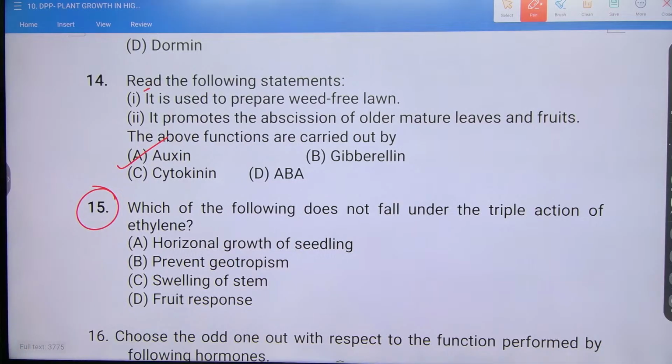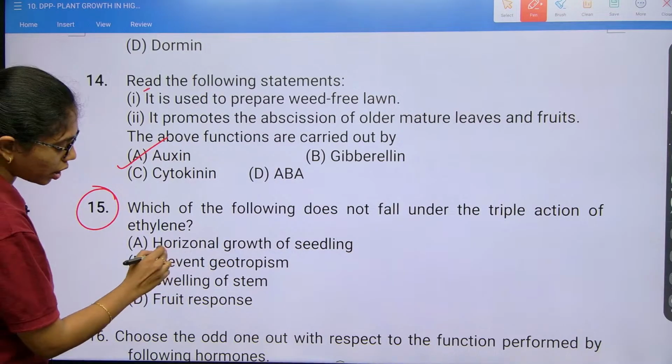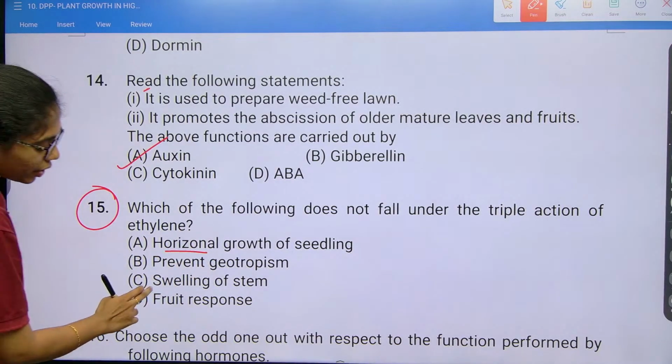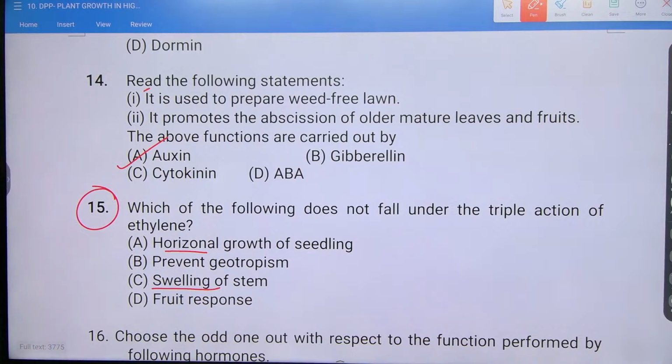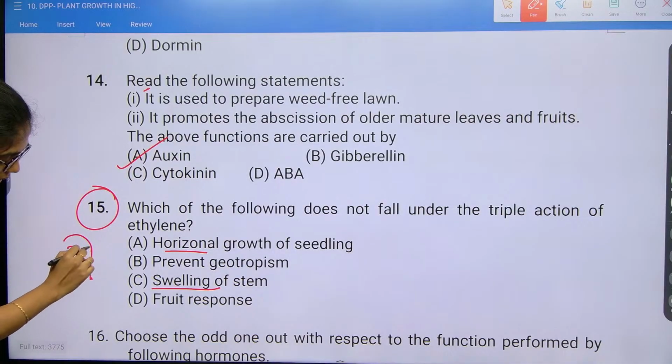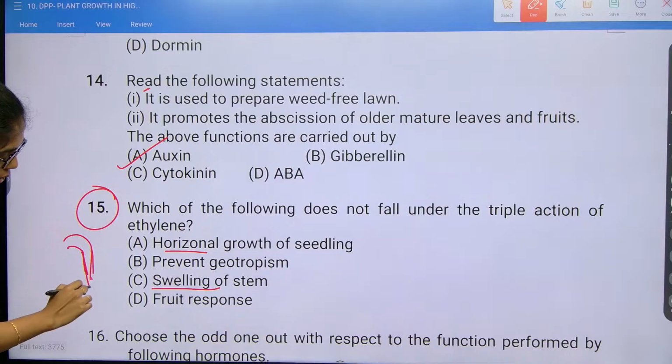Which of the following does not fall under triple response of ethylene? Triple response we have learned, right? Triple response is horizontal growth and swelling of the stem. Fruit response is not included, ma. See, apical hook formation and swelling of the stem, horizontal growth of the stem.